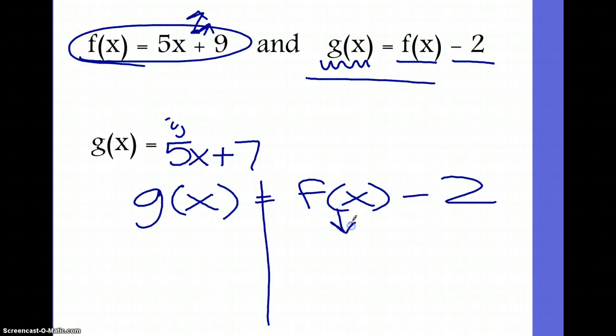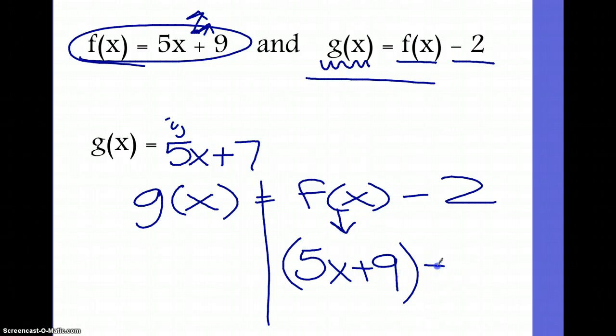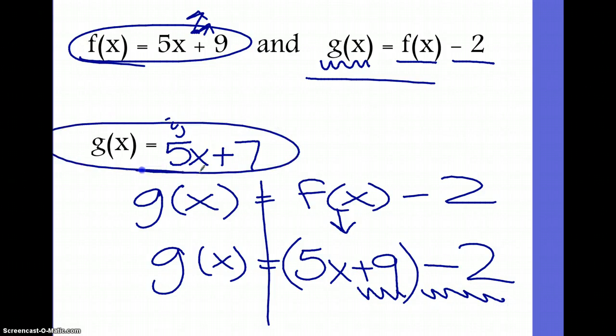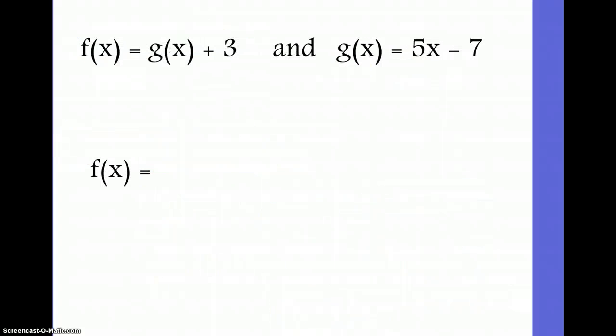So underneath f, we're going to substitute in 5x plus 9, bring down minus 2, bring down g of x, and there's nothing to distribute, so we just combine like terms. 9 take away 2 gives us the 7, and we have the 5x, so 5x plus 7, just like we expected it to be, but now we don't have to graph it to be able to get that answer.